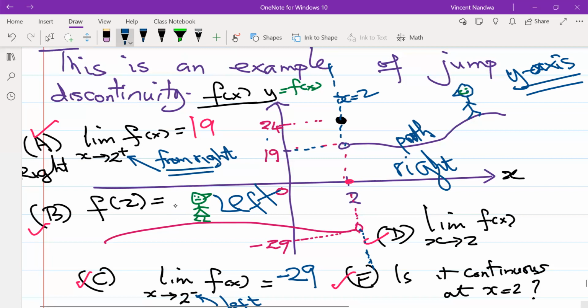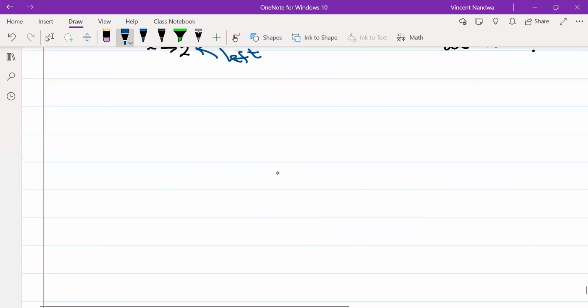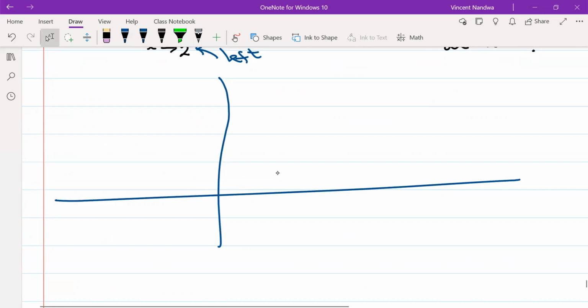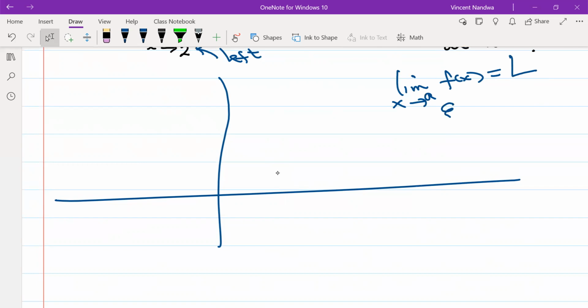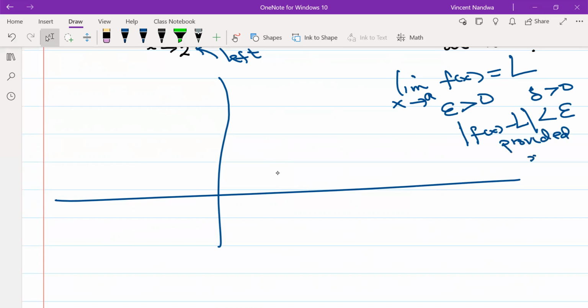That's why when we were introducing limits, we explained that the limit of a function f of x as x approaches a point A is L if, given a small positive distance epsilon, there is always a delta, which is also positive, such that |f of x minus L| is less than epsilon, provided that |x minus A| is less than delta.